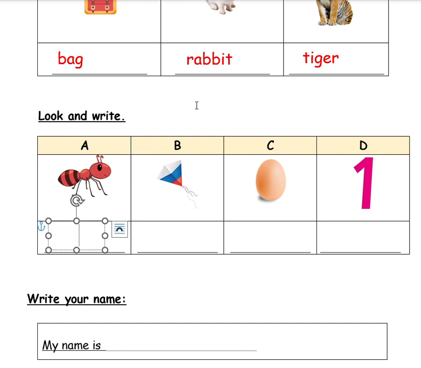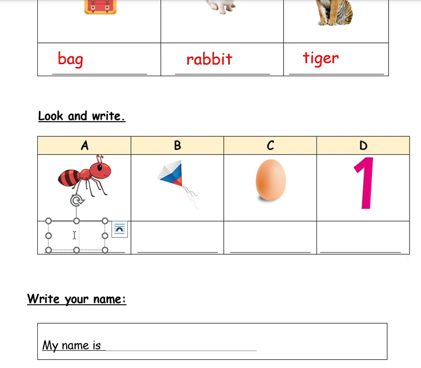Okay, this activity is a little bit different from the one above. In this activity, you have to write the name of the pictures from your mind. Okay, there, as you can see, there is no word box here. So you have to label them by yourself. So by looking at this picture, this is the picture of ant.